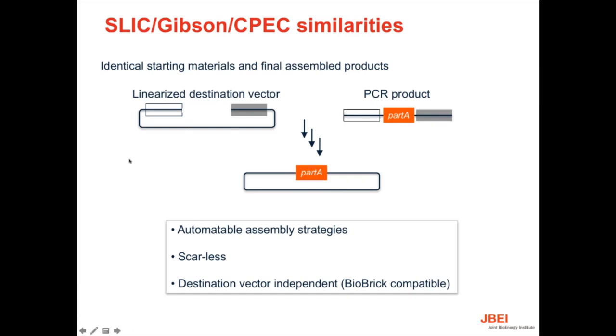But the nice thing about all of these methods is it's very easy to automate them. So you always use exactly the same master mix if you're doing the in vitro methods like Gibson. Or if you're using yeast TAR cloning, there really aren't any reagents other than the yeast themselves. Another really key point that I didn't emphasize yet is that all of these methods are scarless.